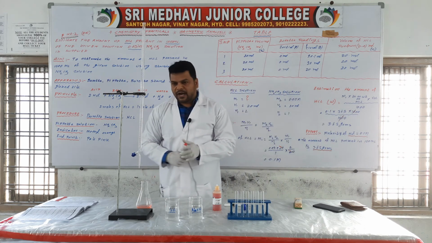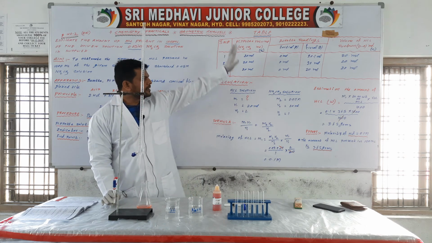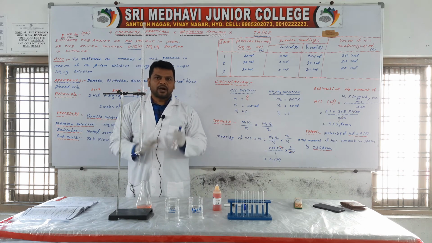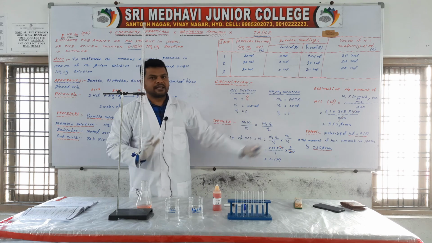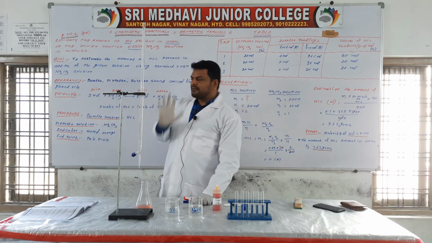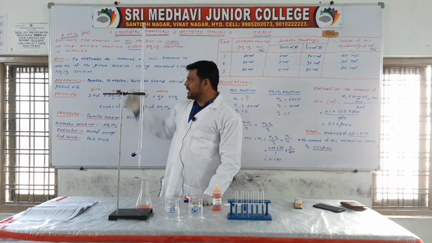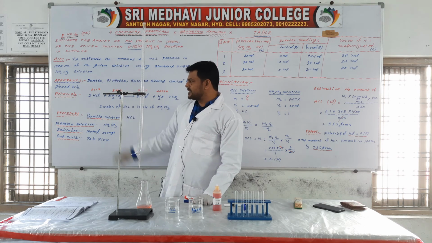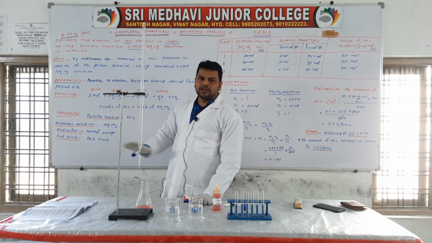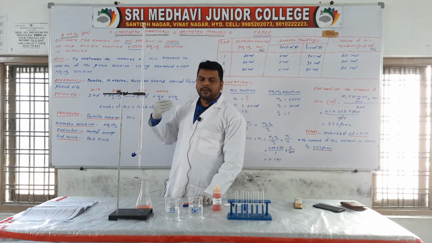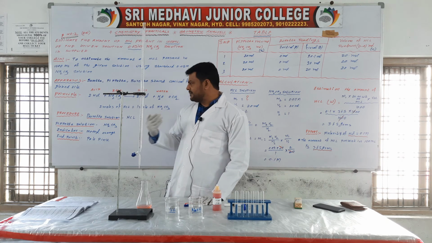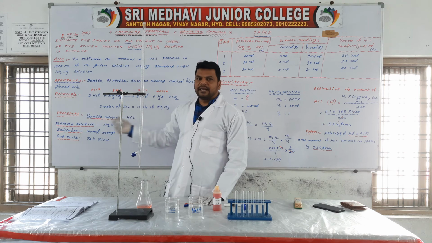Okay, we have to do the experiment like this. Students, first we have to write the aim, then apparatus, then principle, then procedure. In the procedure you have to write in a shortcut method: burette solution, pipette solution and endpoint indicator.